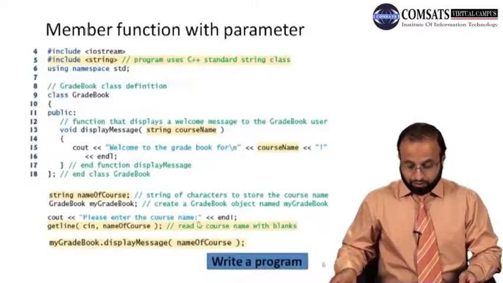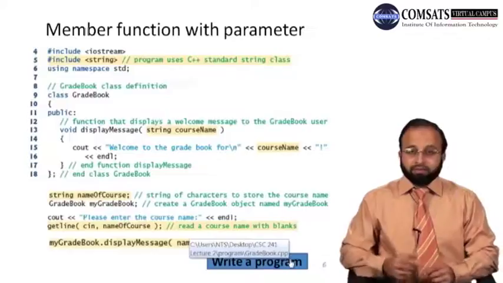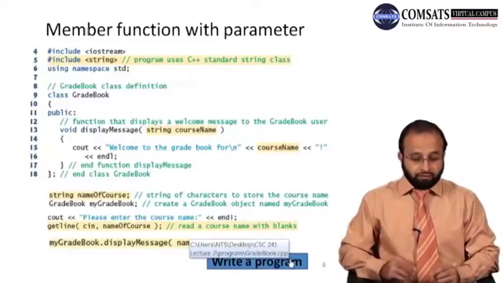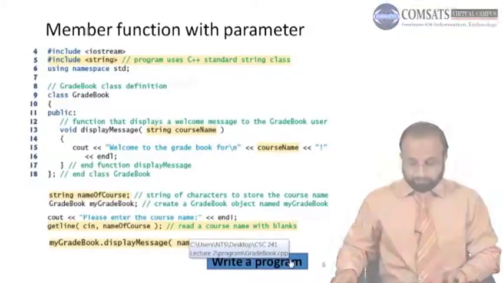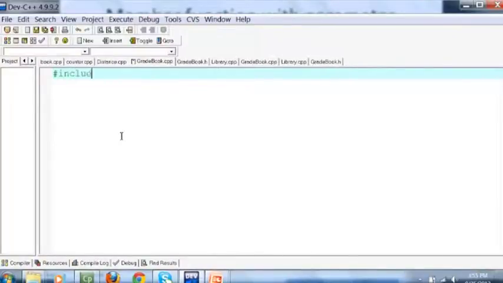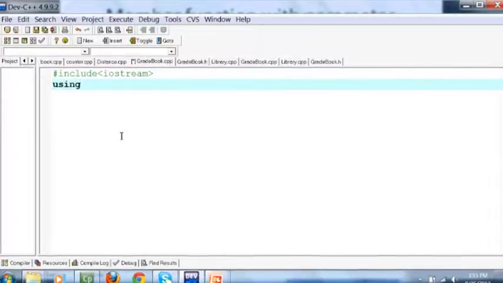So let's go. First we are going to write a very simple program without classes, and then we will write this gradebook program. First we have to include iostream. Then you have to write using namespace std.